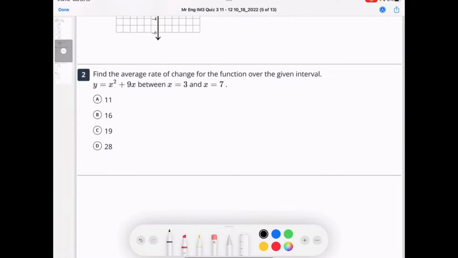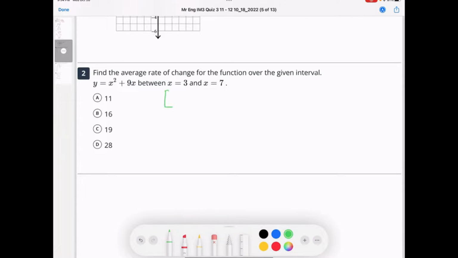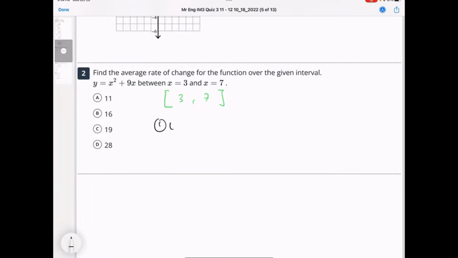Question number 2 says, find the average rate of change of the function given the interval. So this looks a little bit different, but it's essentially the same thing, something like 3, 7. And what we did is, number 1, we evaluated this separately. So this is your x1, this is your x2.